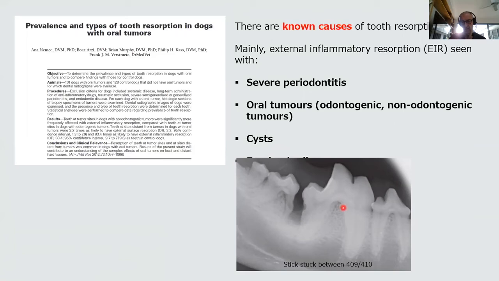So you can see in the photograph and the radiograph down here that this is a tooth resorption. You can see there's resorption of tooth 410 here, and there's a small resorptive lesion in the root of tooth 409 here. And this was due to a foreign body being stuck in this area for several months, causing tooth resorption.